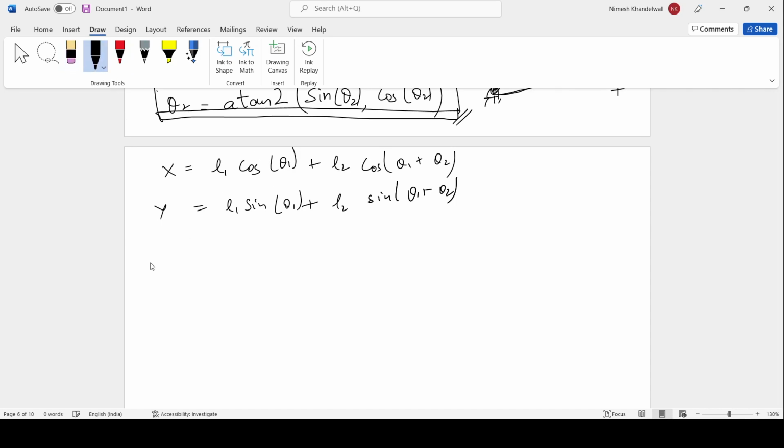What we will do is rearrange the terms such that we decouple the theta 1 and theta 2 terms. Right now they're coupled here. We can open up this cos theta 1 plus theta 2 to get cos theta 1 cos theta 2 minus sin theta 1 sin theta 2.